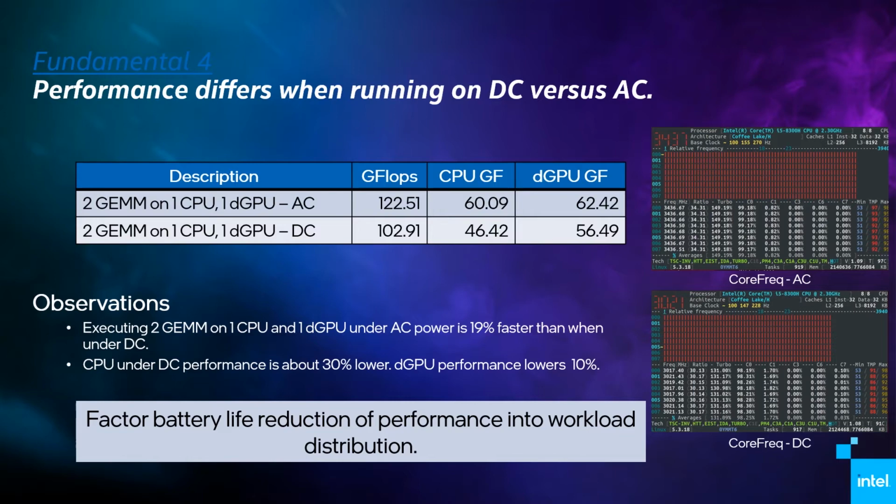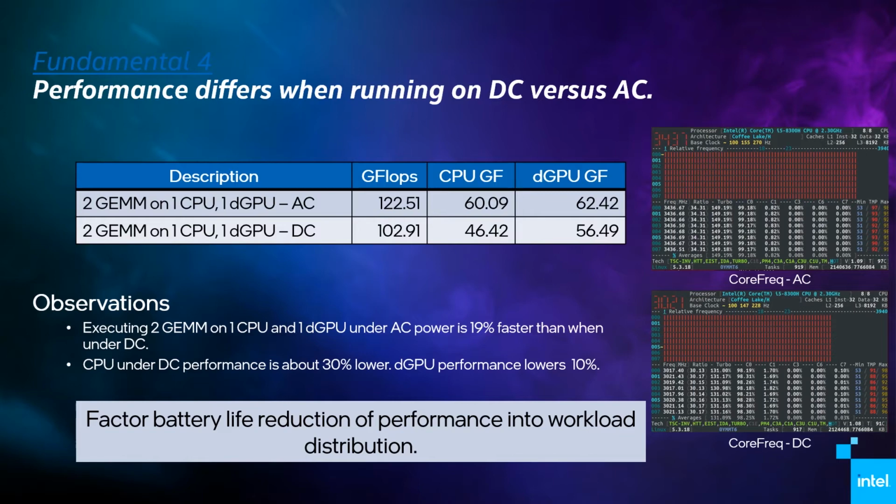I then ran on battery, 2 gems, 1 on the CPU, 1 on the discrete GPU, and saw that the performance actually was slower, so 102.91 gigaflops, and you can see the split between CPU and discrete GPU. And what you see here is that under battery, the processor has inherent features that try to conserve power by clocking the frequency down, both the CPU and the discrete GPU.